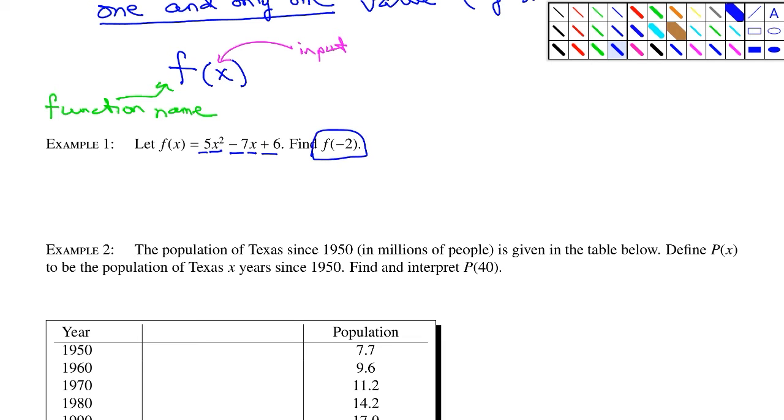Now this notation here is very important. This says find f of negative 2. And that means that we want the function value, or the y value, when the input is equal to negative 2. In other words, the x is going to be negative 2. So we want to write this out, and I'm very big on the notation that you use in this.